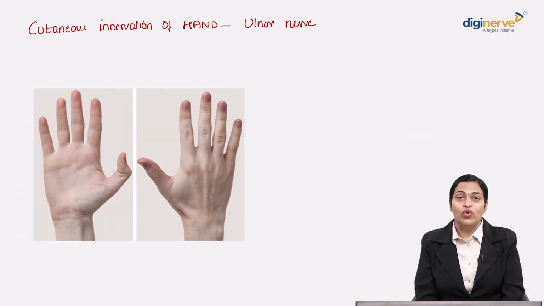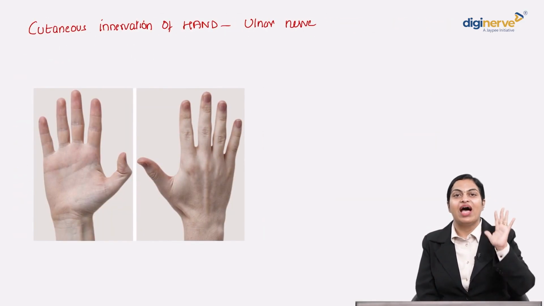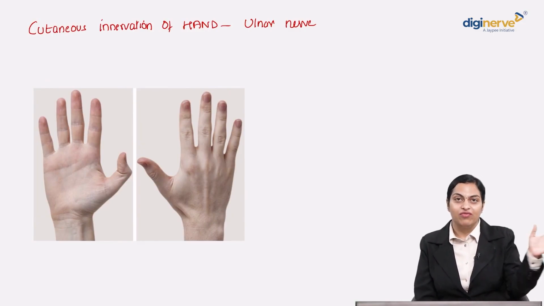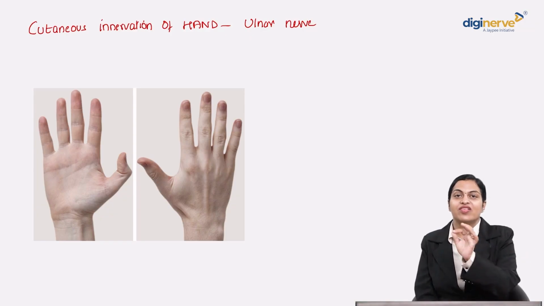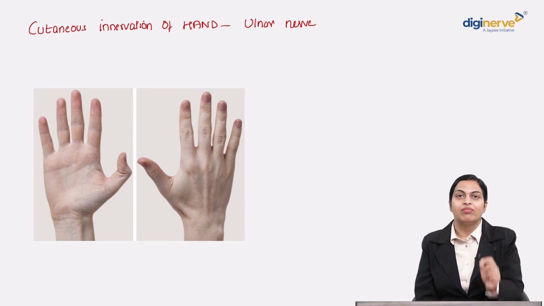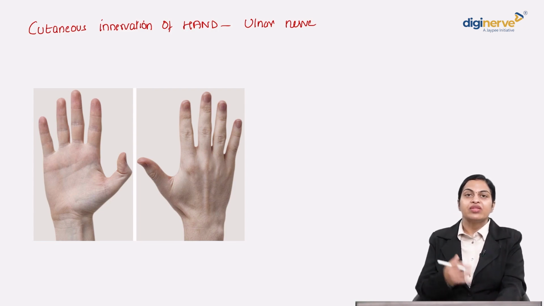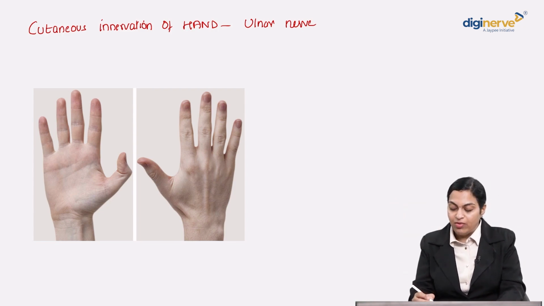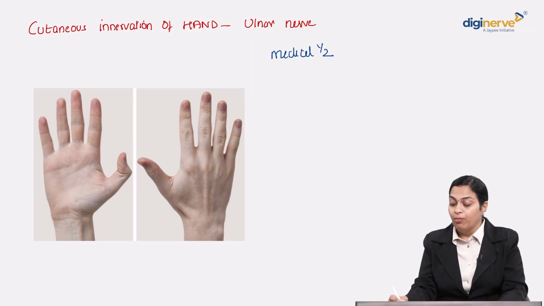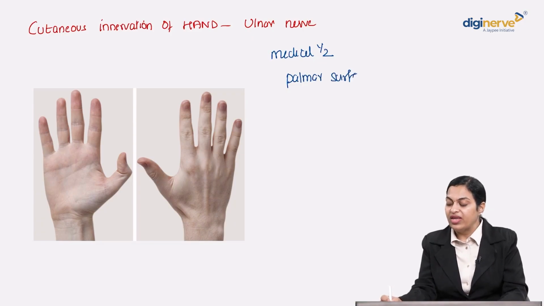Yes, we have to know definitely which part of the hand is innervated by the ulnar nerve, because if you're given a case scenario describing loss of sensation over this part of the hand, you should be able to clinch the diagnosis, right? The ulnar nerve innervates the medial one and a half digits, both over the palmar surface as well as the dorsum of the hand.